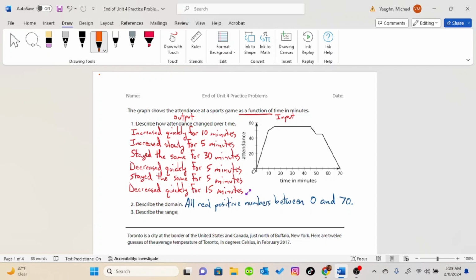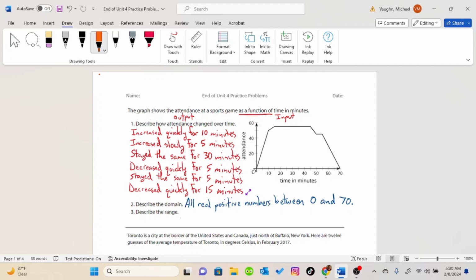So if we look at this attendance wise, we cannot have partial people, but these numbers 20, 40, 60, if we think about a sporting event, these numbers would most likely represent thousands of people. So the partial numbers here would be partial thousands, not partial people.